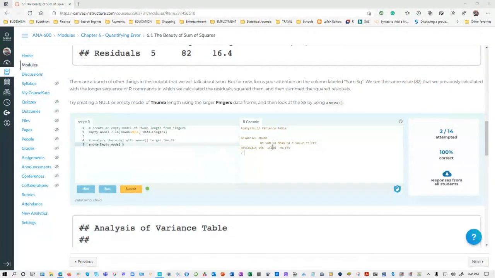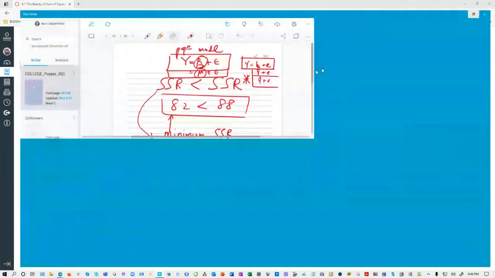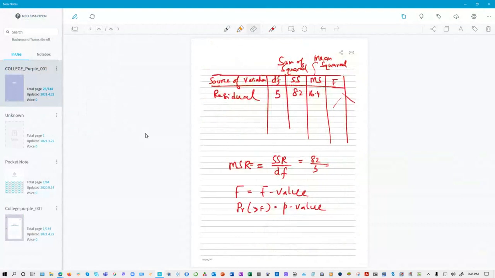How do you get this one? You can remember sum of squared residual, SSR. This is mean squared residual, MSR. Mean squared residual is sum of squared residual divided by the degrees of freedom, which is here 16 points.